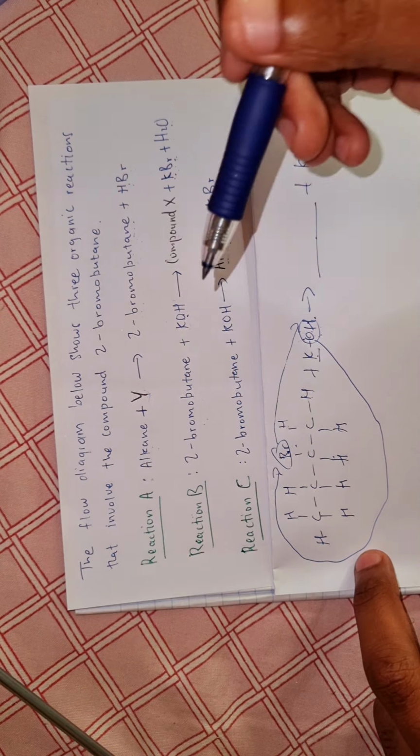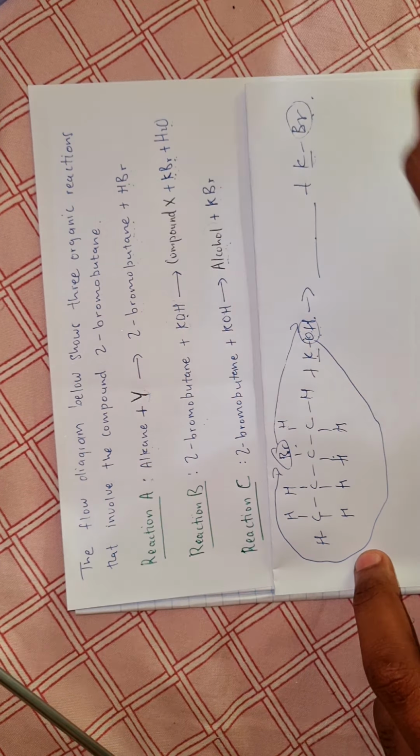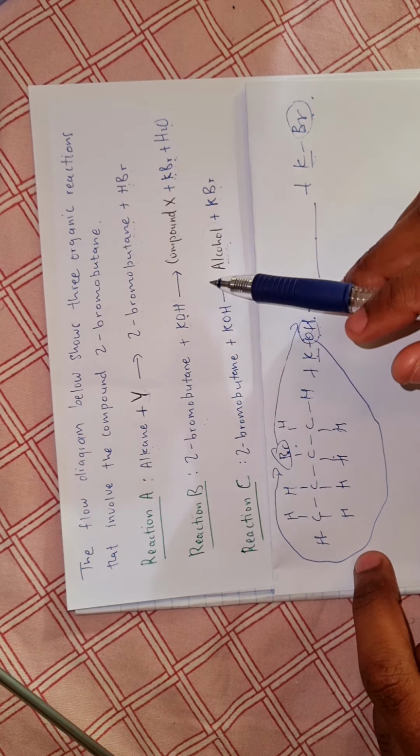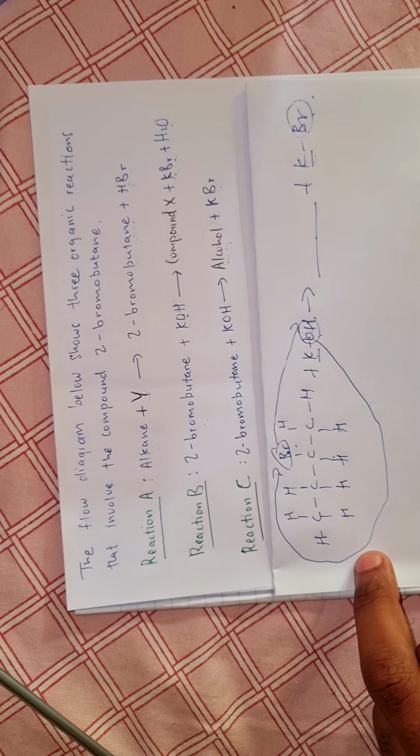Like I said, these two types of reactions are different from one another. But how do we see that? By the products formed. And number two, by the reaction conditions. Remember, we said for reaction B we need a strong concentrated base, but here in reaction C, we need a strong diluted base and mild heat for this reaction to take place.